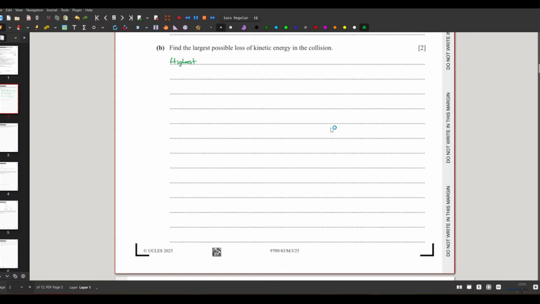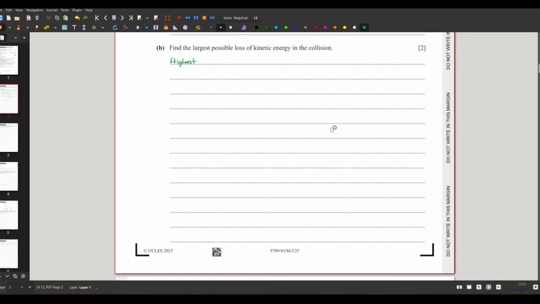Okay, therefore, largest kinetic energy loss, we can write, is total initial kinetic energy minus total final kinetic energy.